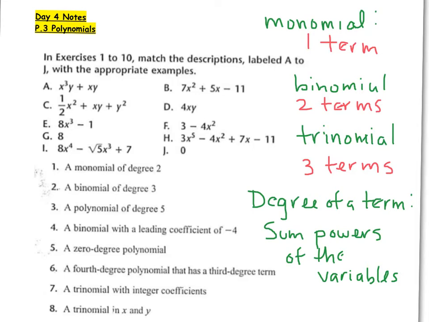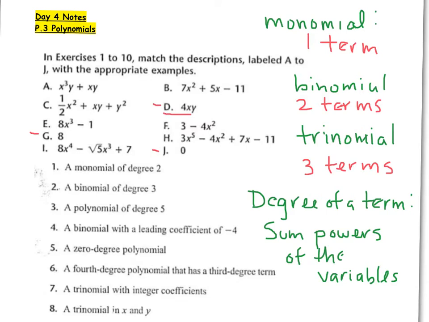Alright, so a monomial of degree 2 has to have a single term, and the sum of the powers of each of those variables has to go to 2. If we take a look at the 3 possible numbers we could answer here, G has one term, D has one term, and J has one term. And of those 3, D is the only one that has variables.